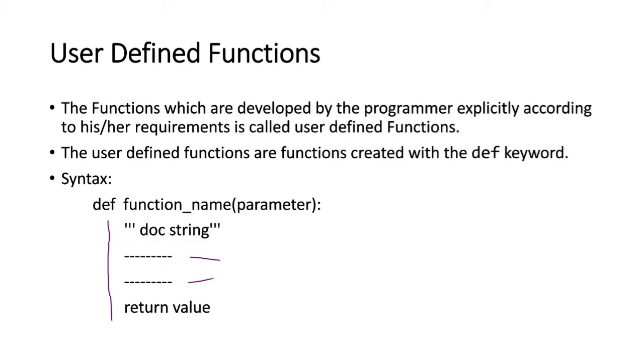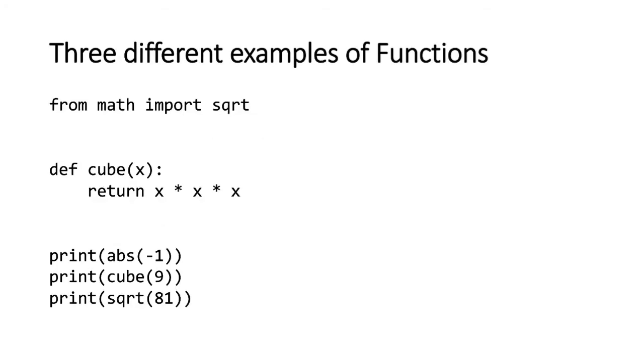Now let us have a look at three different types of functions. In the previous section, I told you that there are two types of function. Now let us move to another slide and see how many types of functions we have actually seen till now. So here on your screen, there is a small code which illustrates three different types of functions, right? The first line says from math import sqrt, right?